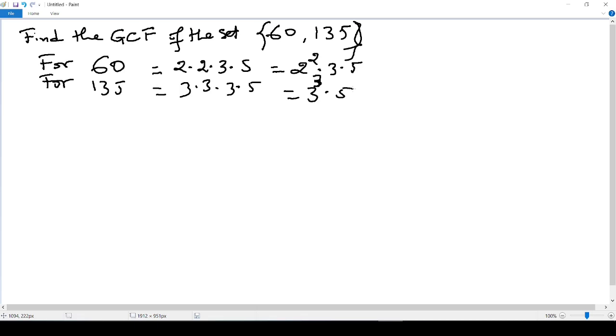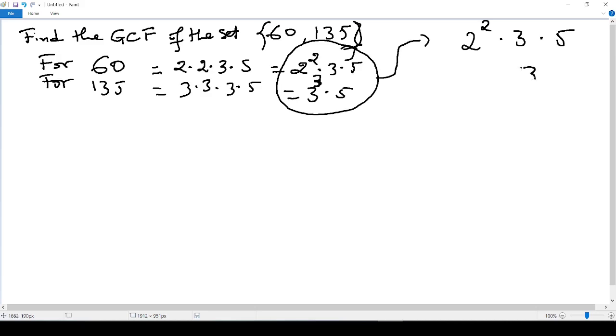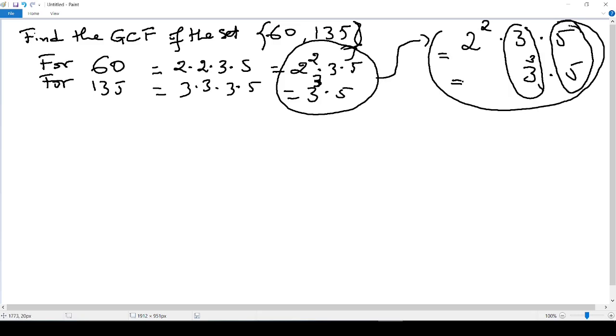From our result, we only see 3 and 5 as common prime factors. I have 2 squared times 3 times 5, and I have 3 and 5. So there is no 2 for 135.